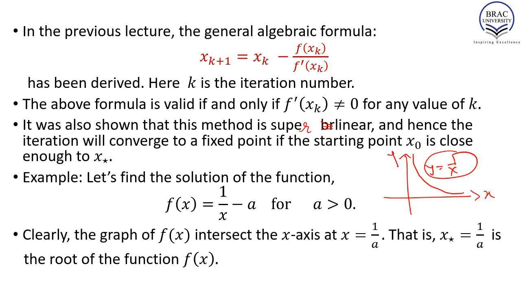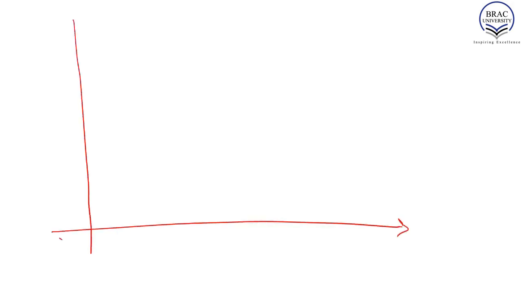Now, we sketch this graph in the next slide with a equal to 0.5, just to give an idea what it looks like and what we're going to do next. Here is x, here is f of x.